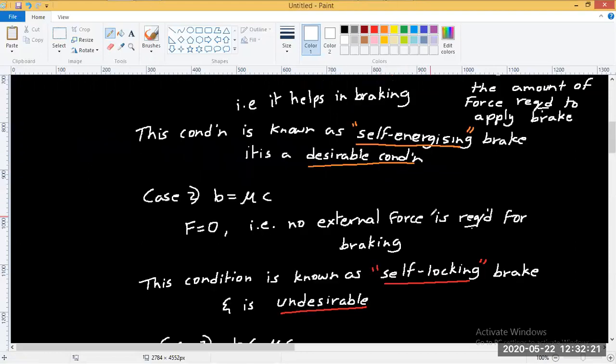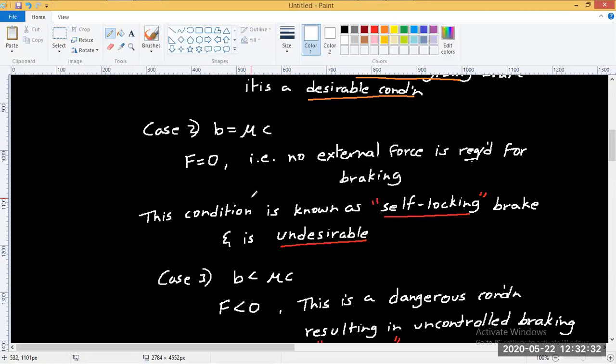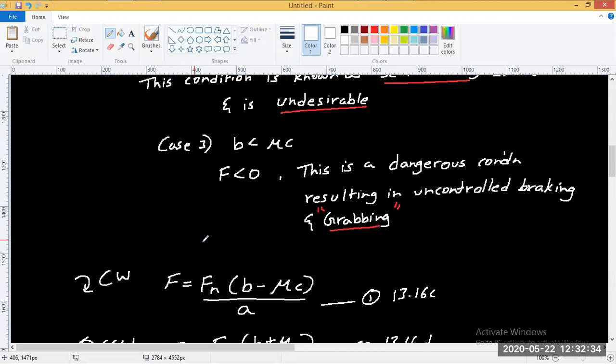Whenever clockwise or counterclockwise is given in the question, you need to refer to that particular figure. And the same phenomena follows for this also, as the directions are different.